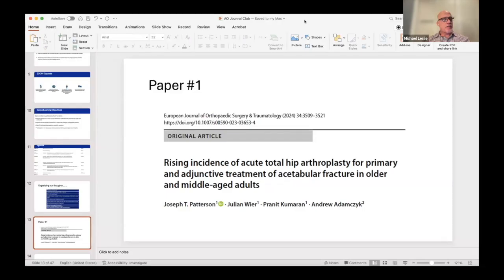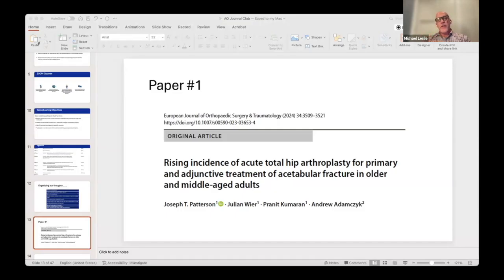So this paper was put up by Dr. Patterson from California, and really looking at the overall incidence of what's happening with these particular procedures. So basically what they did in this paper was the hypothesis was that the use of total hip or total hip with open reduction internal fixation was rising.